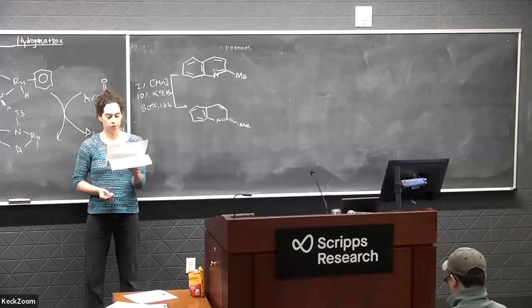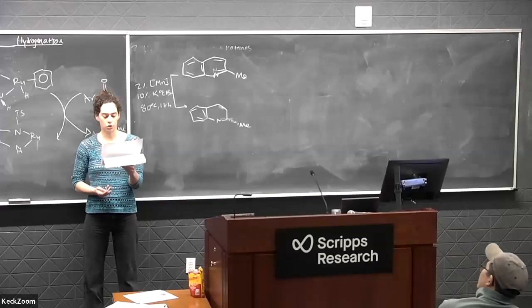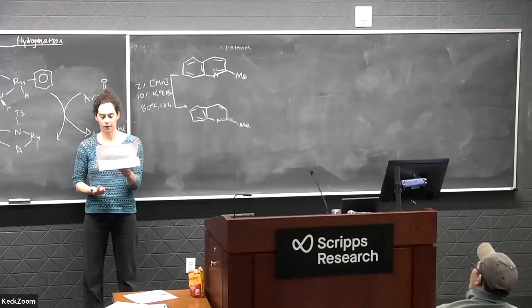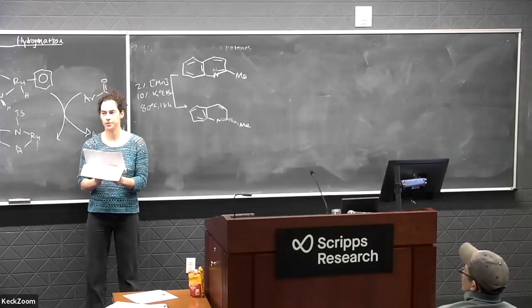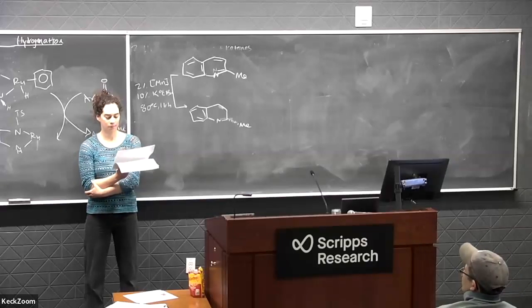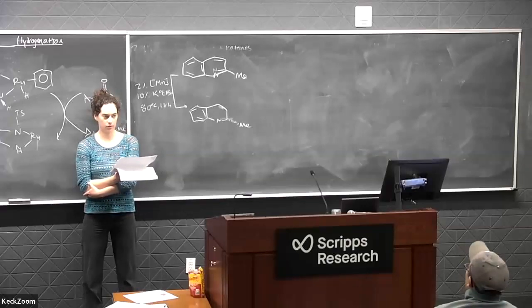So the first question is to explain the catalyst structure function relationship in terms of mechanism, and then possibly propose a synthesis. So I'll give you 1 minute to think about these.